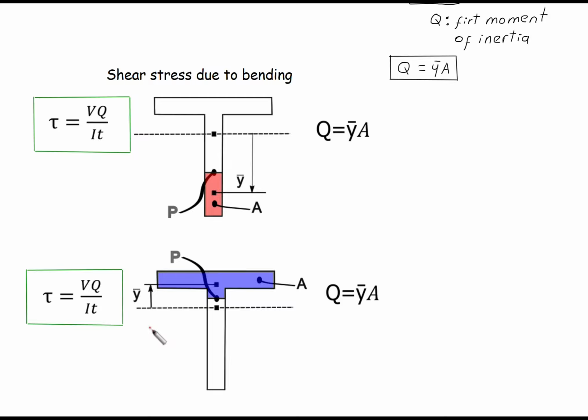Also, you can consider the case where you are looking for the shear stress at a point on the neutral axis. In that case, you have two Q values, y bar times A above and another below. Maybe you have to calculate both to compare which is bigger.